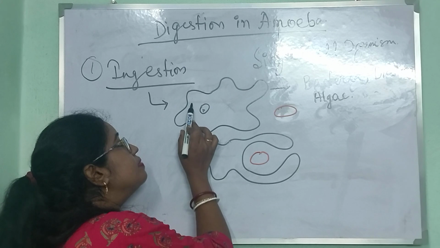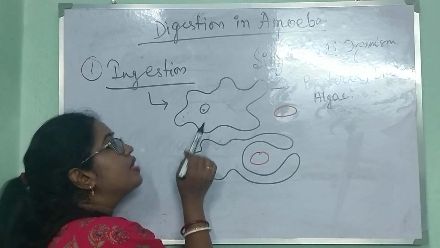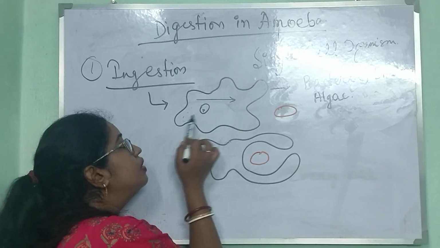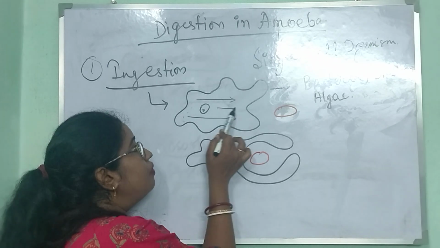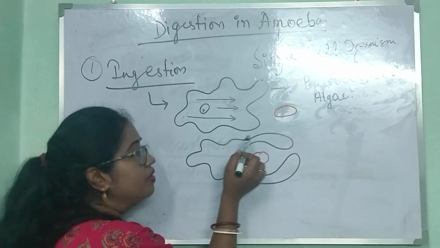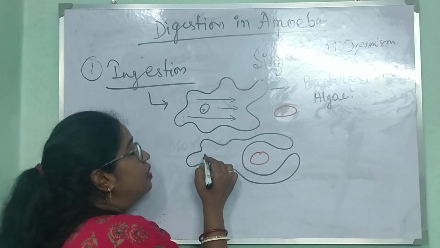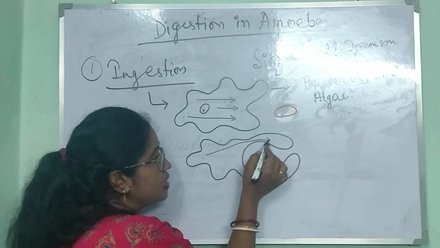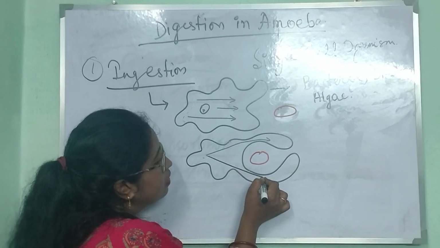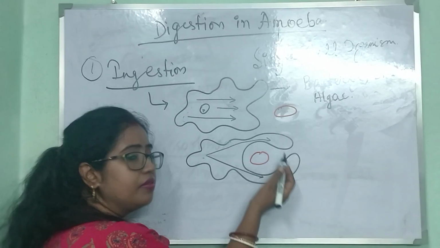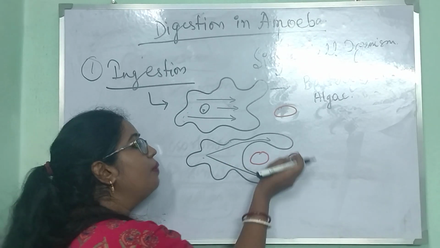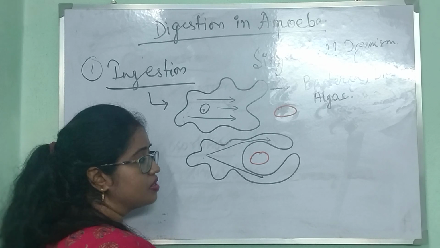The cytoplasm from their posterior side flows in the direction of the food material. Like from the posterior part, the cytoplasm flows into the anterior side to form finger-like projections.